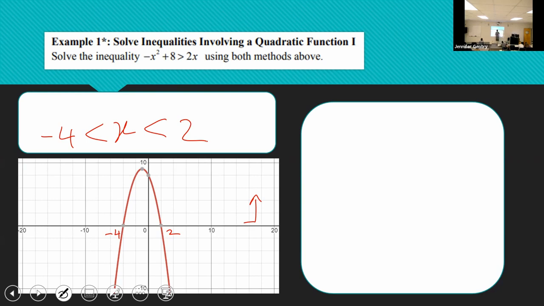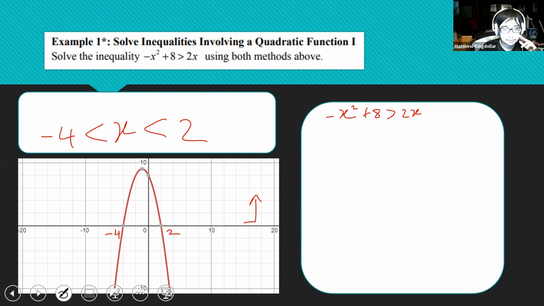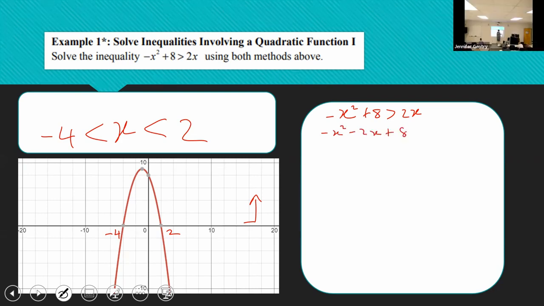So here I've got minus x squared plus 8 greater than 2x, right? What can I do? Get all the terms on one side. Minus x squared minus 2x plus 8 is greater than 0, right?